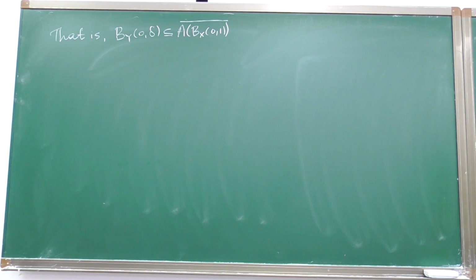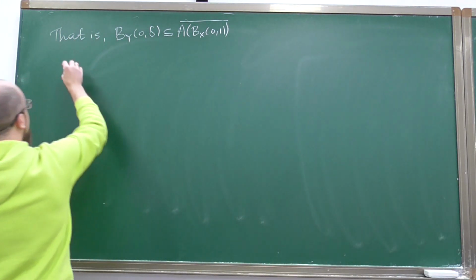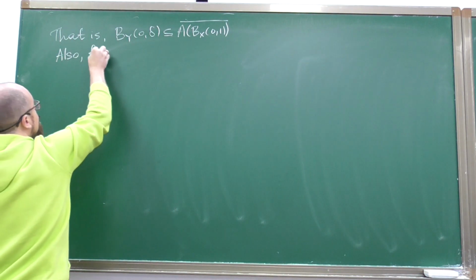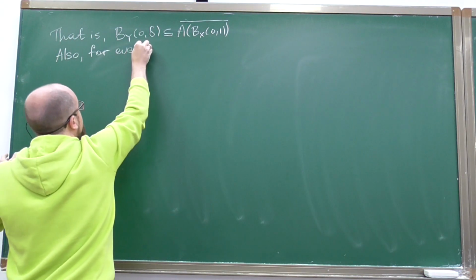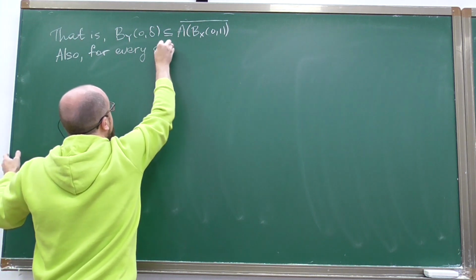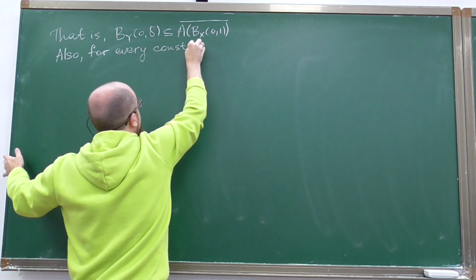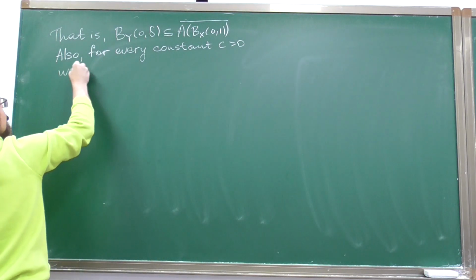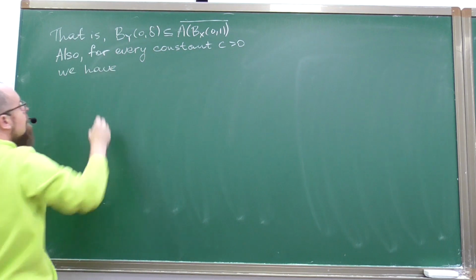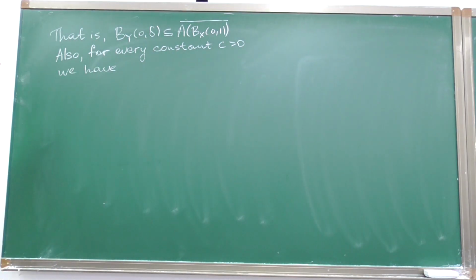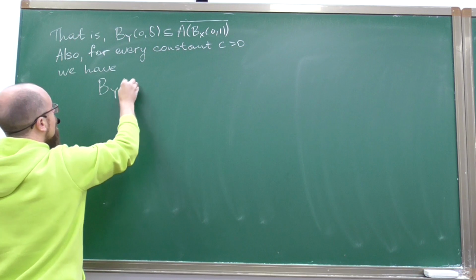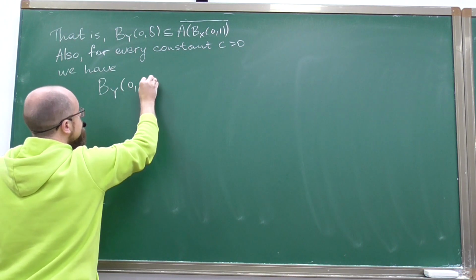Having this conclusion, what we can do, we can take an arbitrary constant c. So if I enlarge the ball on the left c times, then I will get just the ball of the radius c times delta.